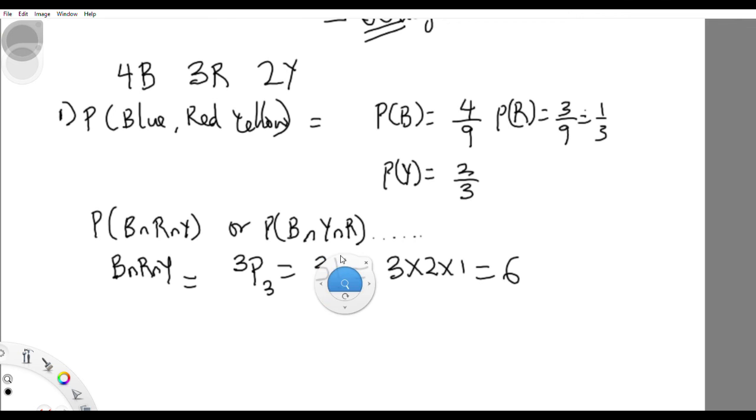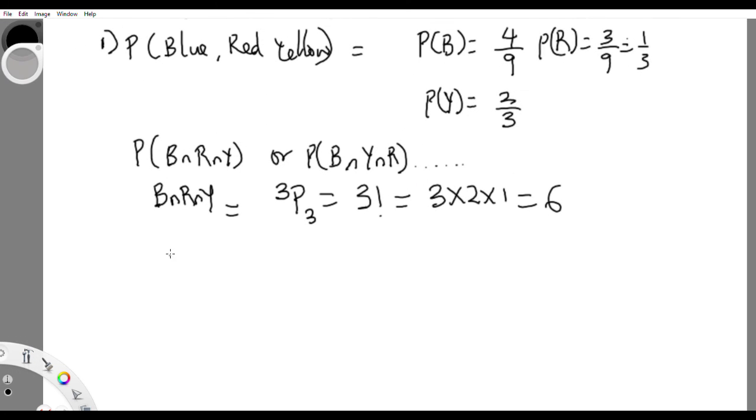Okay, this one is a little bit straightforward. What if the question goes like this? What's the probability of picking 2 reds and 1 yellow? Now this is where something else comes in. Fine, you can decide to say red, red, yellow, and do it manually.